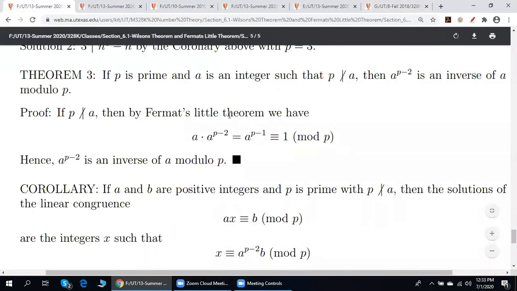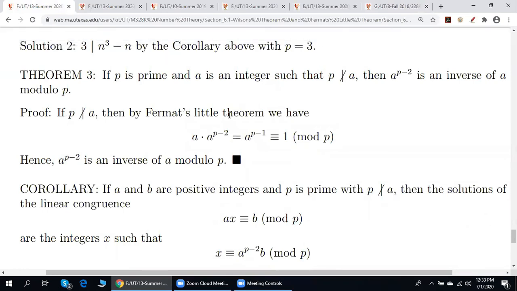Here, Theorem 3 says the following. Let us consider the following congruence: AX is congruent to 1 modulo P. Then A to P minus 2 is a solution of this congruence. Why is that?